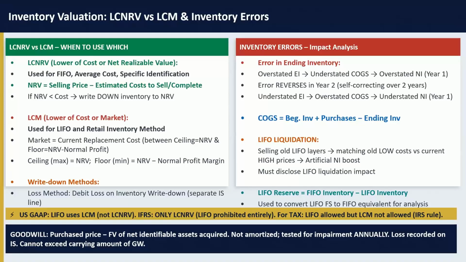Next up, when we follow LIFO, there is one concept called LIFO liquidation. So LIFO layers are there. What are these LIFO layers? LIFO layers mean each time you purchase goods, you'll be purchasing them at different prices.